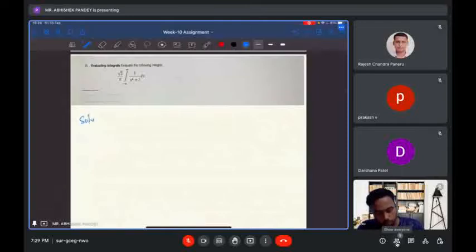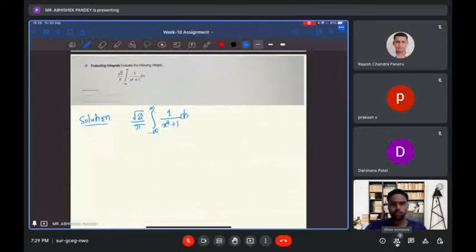Okay, now let us look at the second question. We have to evaluate the integral 1 upon 2 pi i, integral from minus infinity to infinity of 1 upon x to the power 4 plus 1 dx.